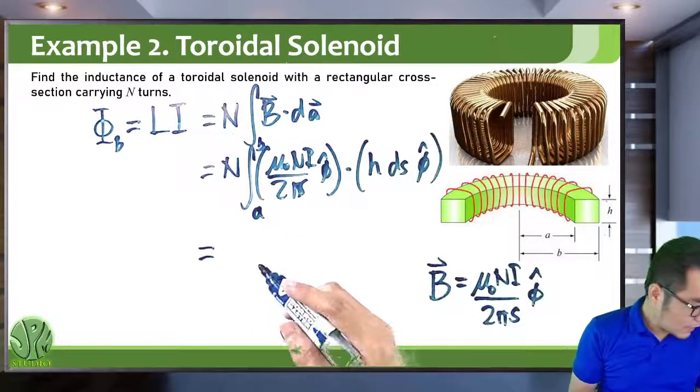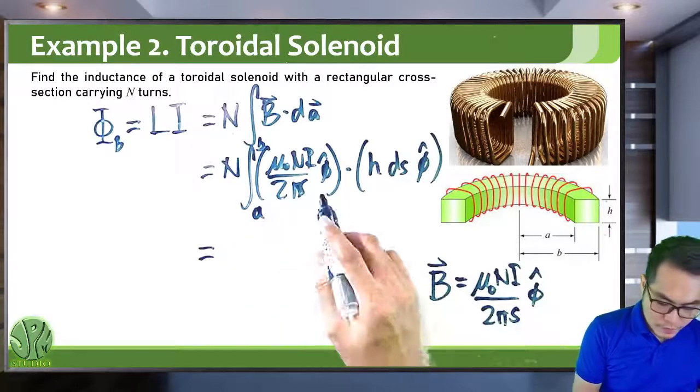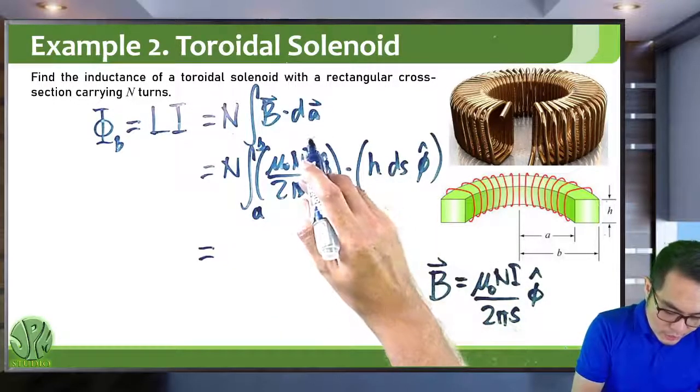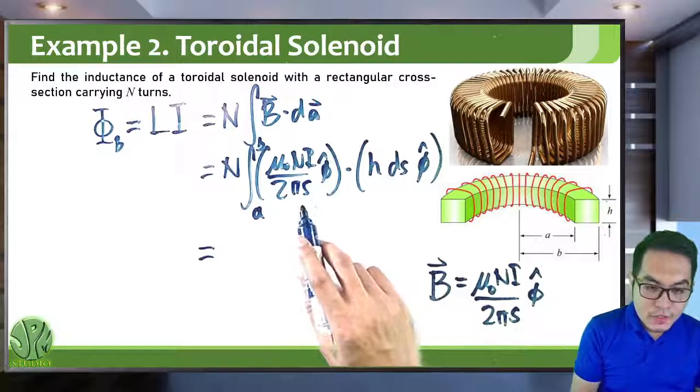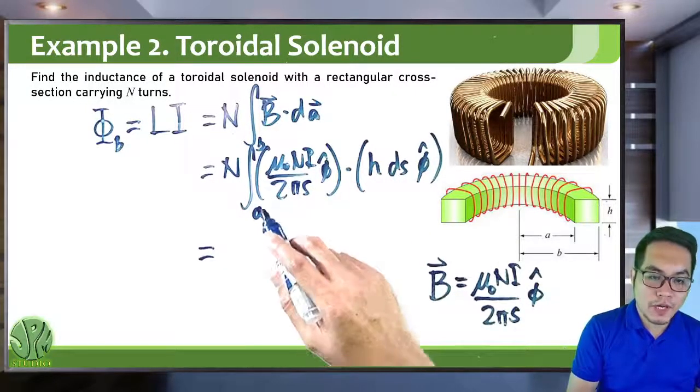So you simplify and you have ds over s. You will get ln of s, evaluated from a to b.